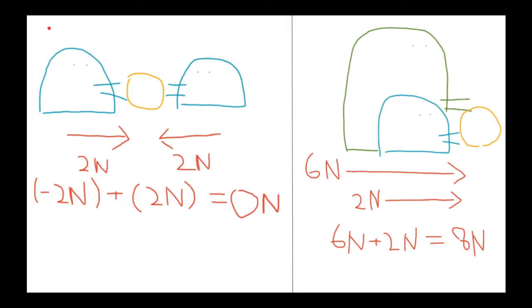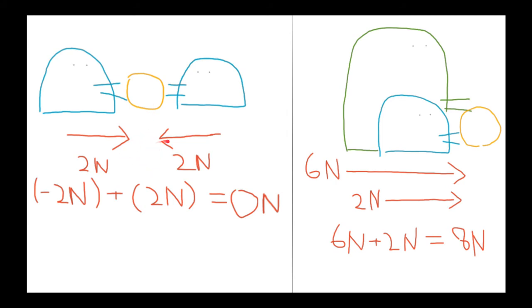Now we have two blue blobs. These are the exact same, so they have the same properties, same amount of strength, same everything. So let's say these guys both apply a force of 2 newtons onto the yellow ball. Well, because this force is going towards the left, we can represent that as negative or positive, whichever one you want. In this case, I chose to represent it as positive, but you can represent it as negative. So we'll think of this as a number line and think of the ball as a 0.